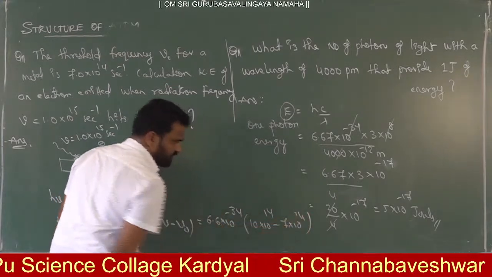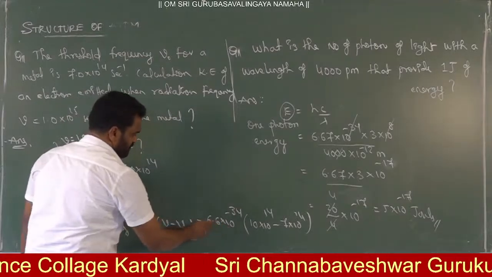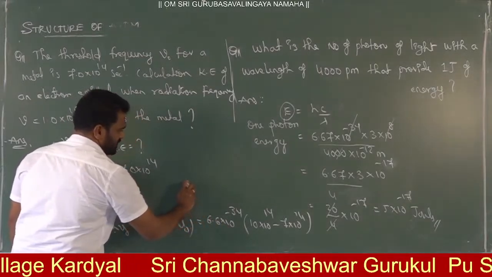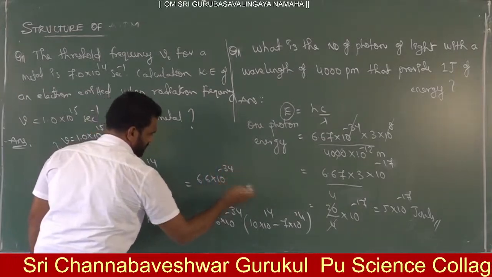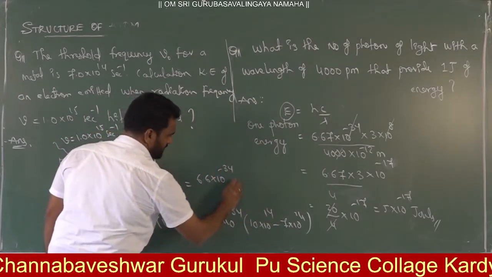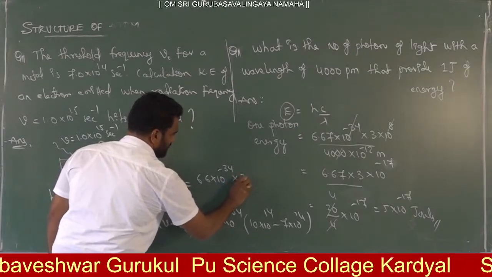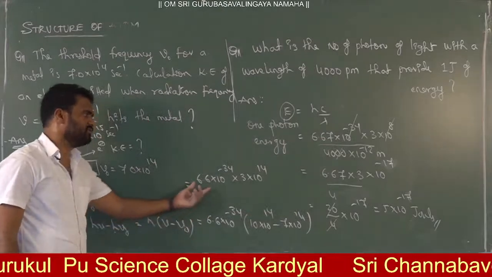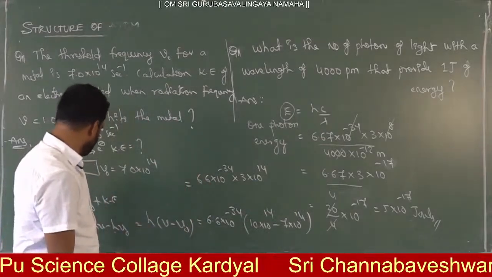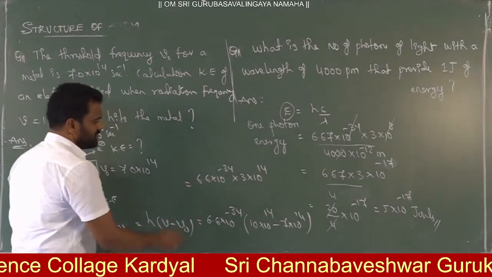You can take 10 power 14 common. If I take 10 power 14 common, this equals 6.6 into 10 power minus 34 into, 10 minus 7 means 3, into 10 power 14. If you simplify, you will get the kinetic energy in joules.